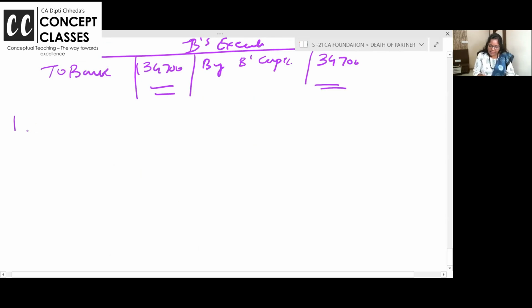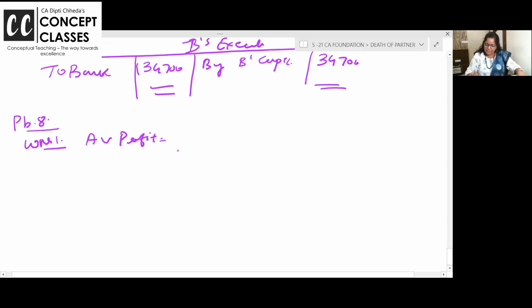Problem number 8. You can start with the working note because they have only asked you to do all the working. So we want the last 3 years' average profit. Last 3 years profit is given to you.